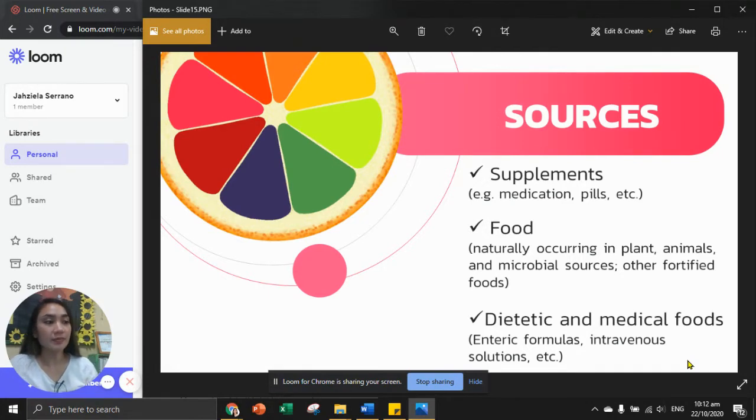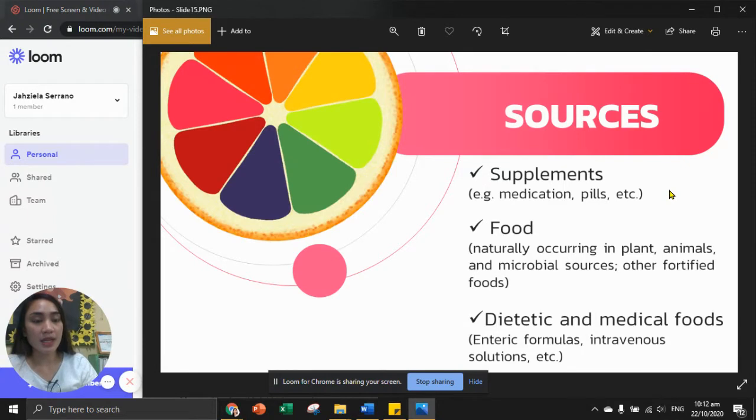Kasi nga hindi naman tayo pare-parehas na same ang weight natin and height. Hindi naman tayo pare-parehas ang bioavailability. So yun. So that's good, no, na maraming supplements tayo specifically for vitamins.